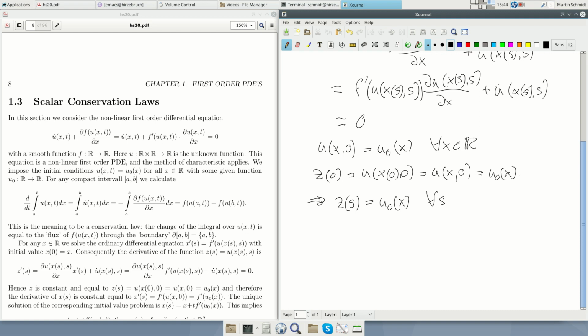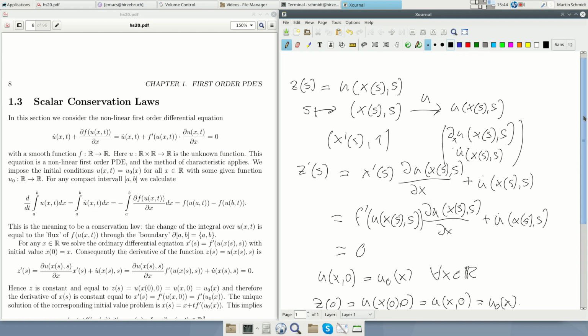So now what does this mean? This means that z is constant along the whole path.